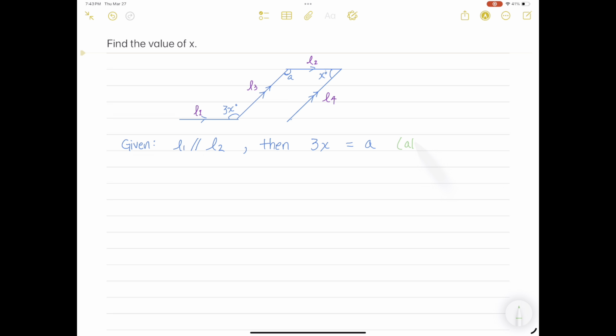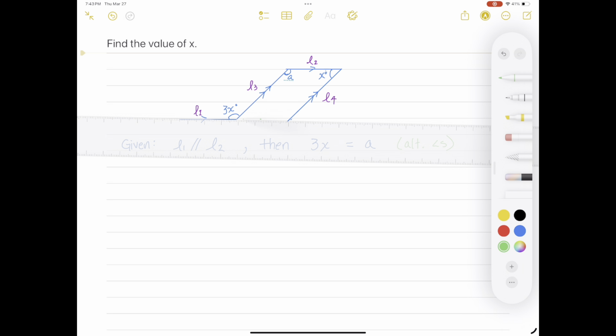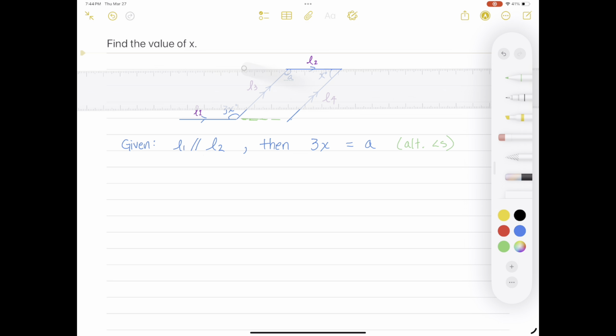And I write the abbreviation for that postulate, alternate angles. And in case you find this assertion confusing, I will extend out the parallel lines so you can see how these angle 3x and angle A are indeed alternate angles, because line 1 and line 2 are parallel lines and line 3 is the transversal.